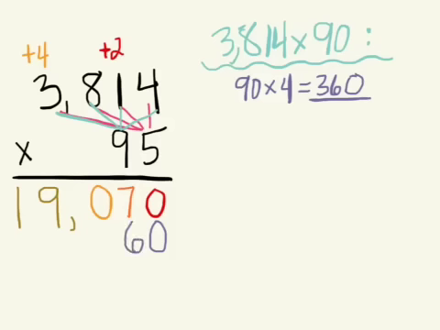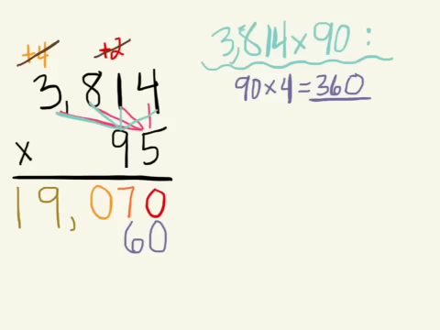And now we started distributing here, so our next area to spill over to is right here. And the 3, this really a 300, has to spill over. But wait, there's already something that's been spilled over here. Well, to make things a little bit less muddled and to be able to keep track of things a little bit better, what I like to do when I go on to distributing with my next place over is I like to cross out what I've already worked with, just with a simple diagonal line.